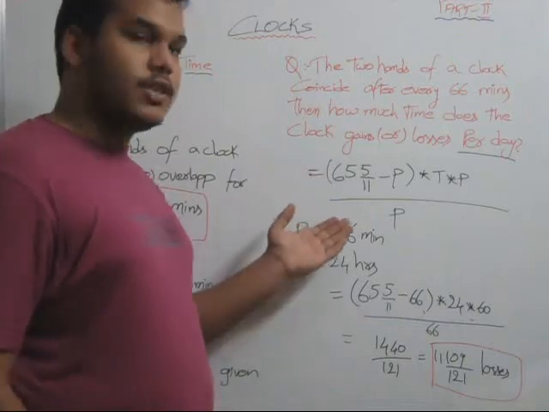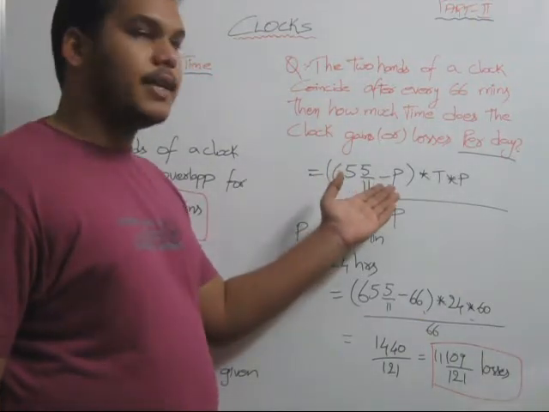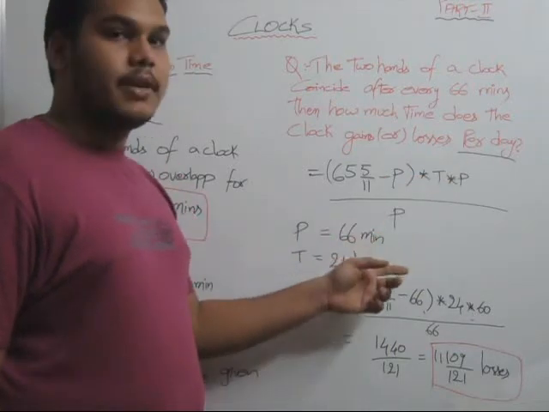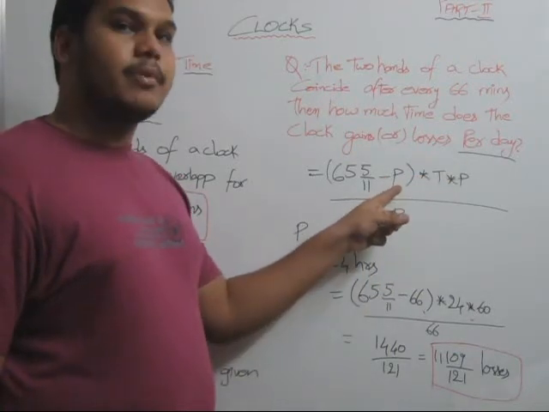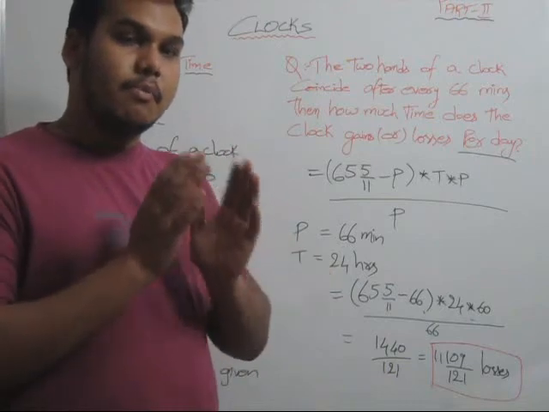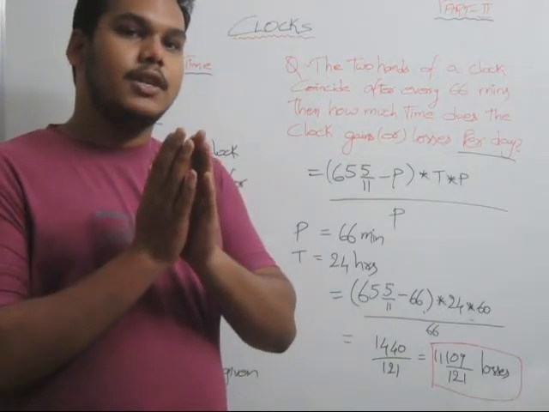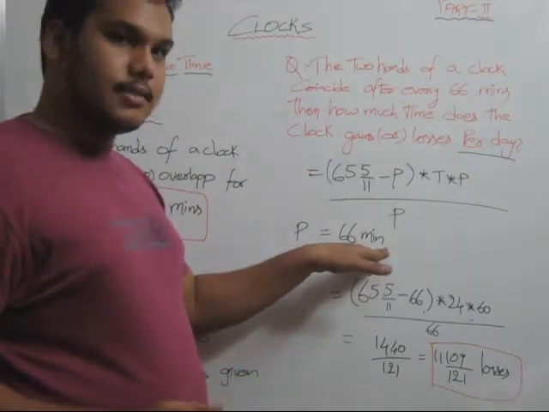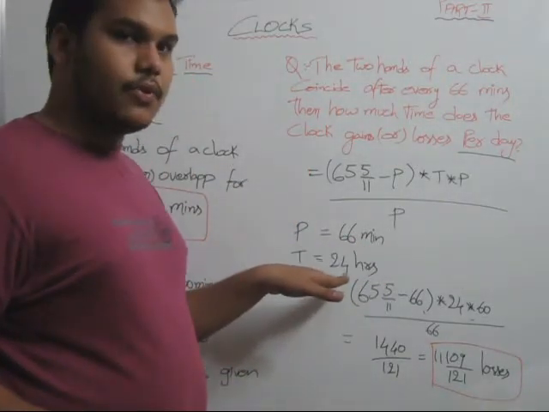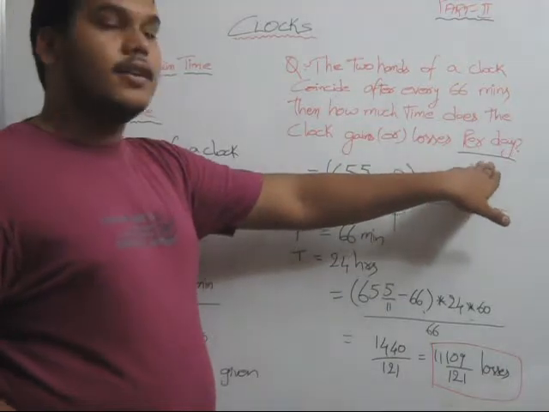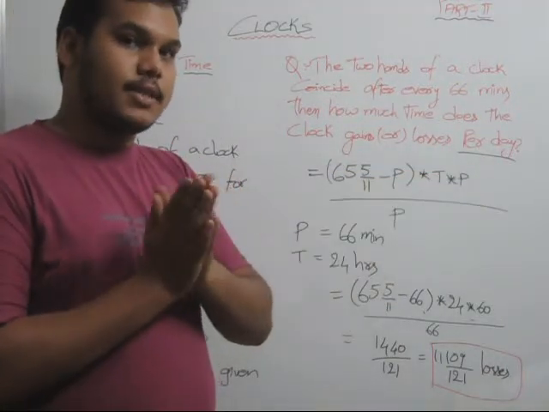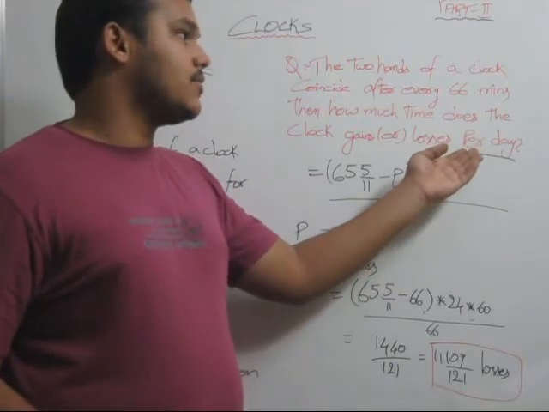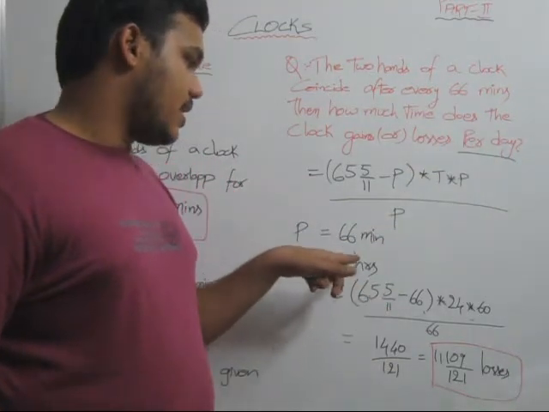So by using this formula, (65 5/11 minus P) multiplied with T into 60 divided by P, P represents the number of minutes at which the hands coincide, which is 66 minutes, and T is 24 hours, the time given in the problem, as he gave it per day. If it is for 12 hours, we take T as 12 hours.